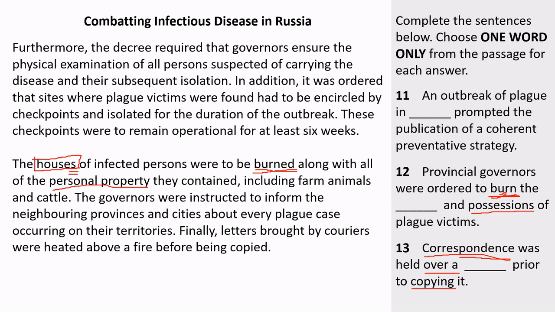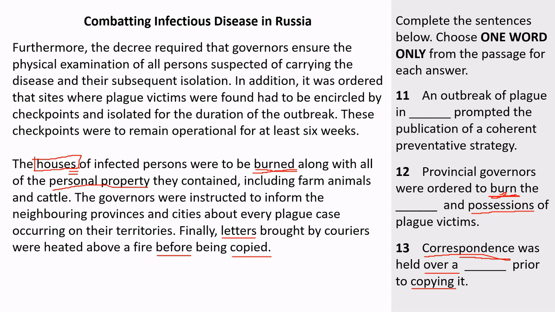Okay, if you look at the last sentence, that is the key sentence here. Finally, letters brought by couriers were heated above a fire before being copied. So copying is very similar to copied, and before is very similar to prior. We don't have the word correspondence, but we have the word letters. So we know we're in the right place.